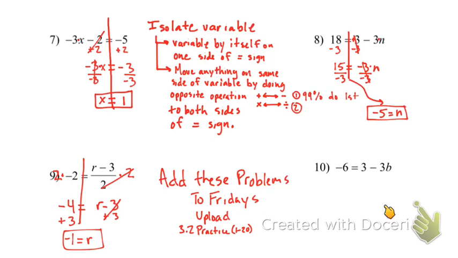All right, let's do number 10. So let's put our line down the middle. My variable's on the right side, it's the b here. Okay, so remember this 3b is really 3 times b. So in order to get rid of these 3's, the 3 I want to get rid of first is the addition or subtraction 3, which is going to be this guy.